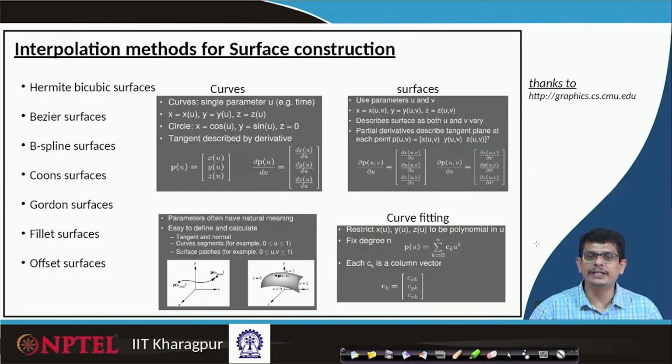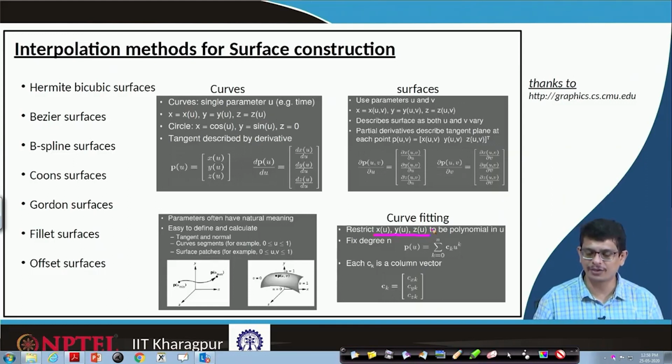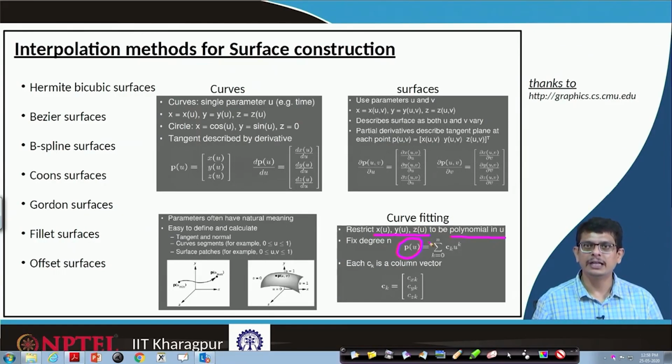If it is curve fitting, either we will use algebraic relations in terms of linear relations, or perhaps we will be using polynomial functions. For example, for a curve x of u, y of u, z of u, we have a parametric variation. If I am going to fix a polynomial in u, then the curve P in parametric form can be written as Ck multiplied by u to the power k.